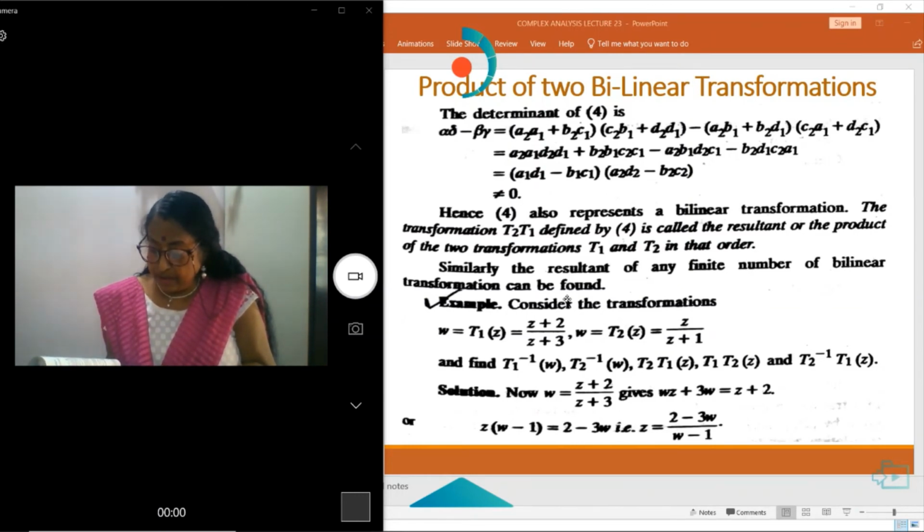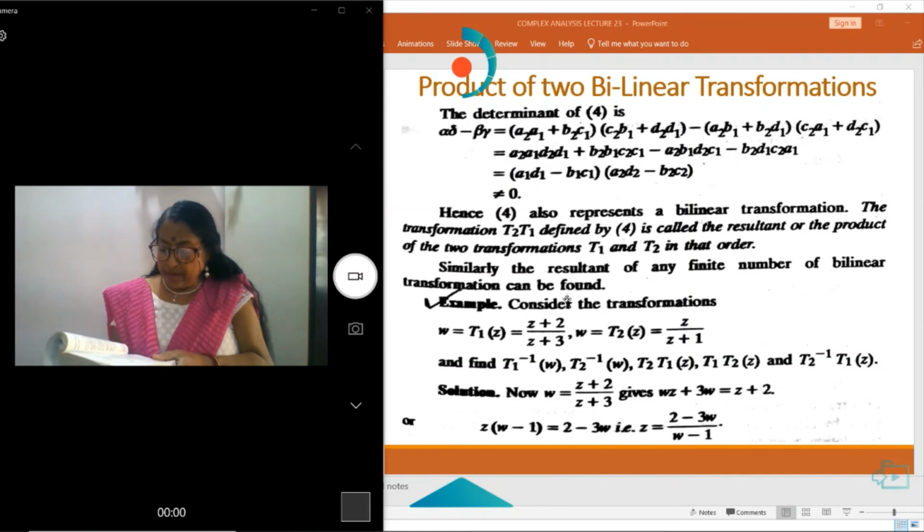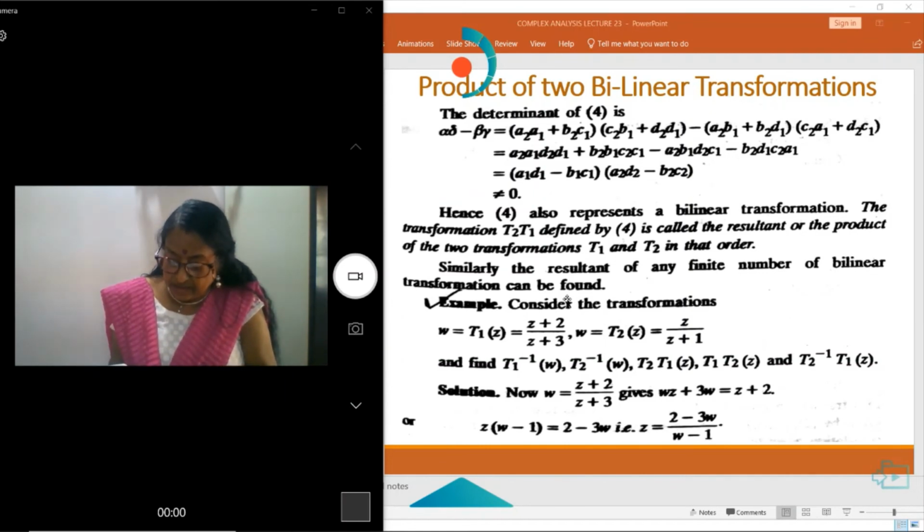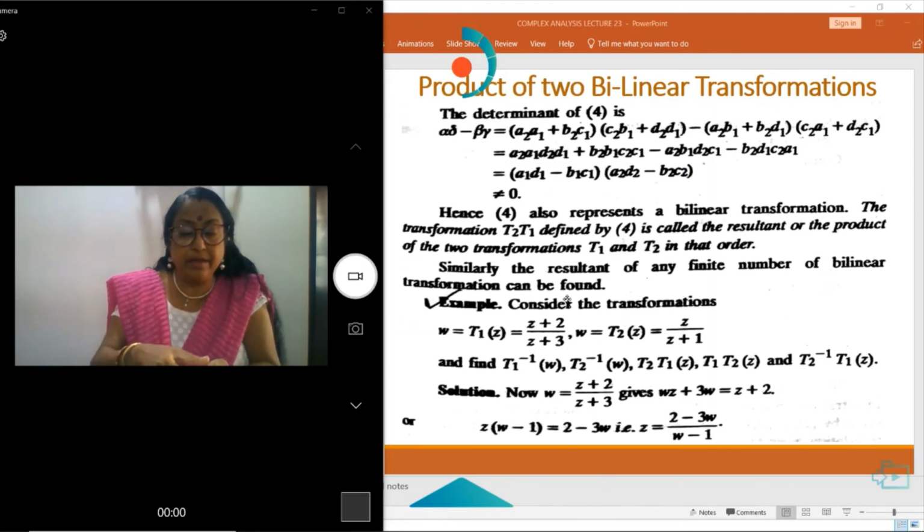Here, W is equal to z plus 2 divided by z plus 3 gives ZW plus 3W is equal to Z plus 2, which after calculation gives us Z is equal to 2 minus 3W divided by W minus 1.